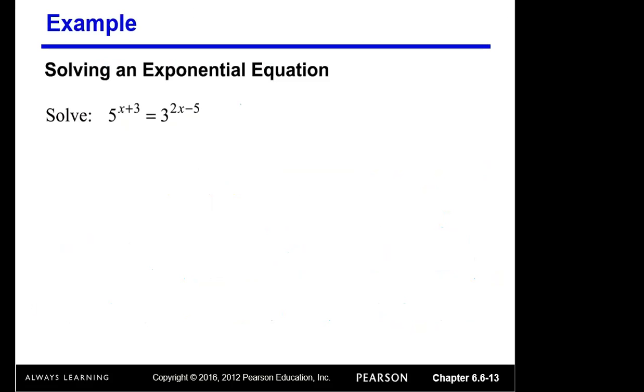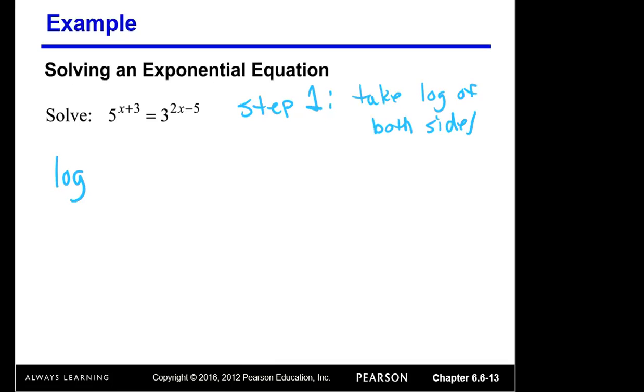So step 1: take the log of both sides, because what you do to one side, you can do to the other. So I'm going to have the log of 5 raised to the x plus 3 equals the log of 3 to the 2x minus 5.